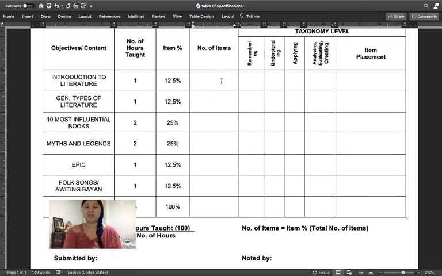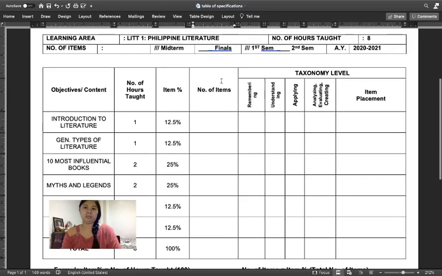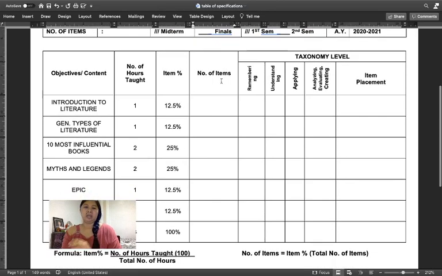Next, to compute for the number of items, we multiply the item percentage, the 12.5, 12.5, 25, with the total number of items that you like. So let's say you would like to have 50 items for your major examination.